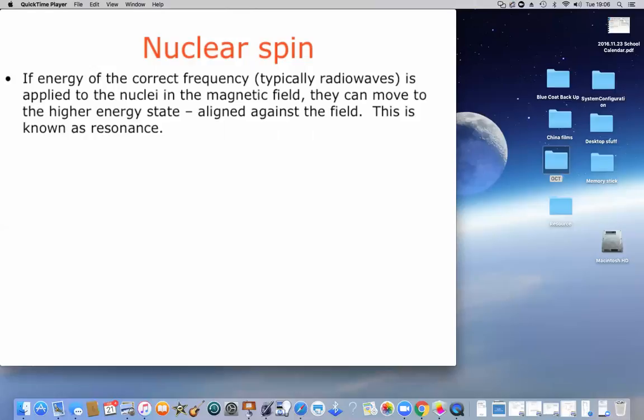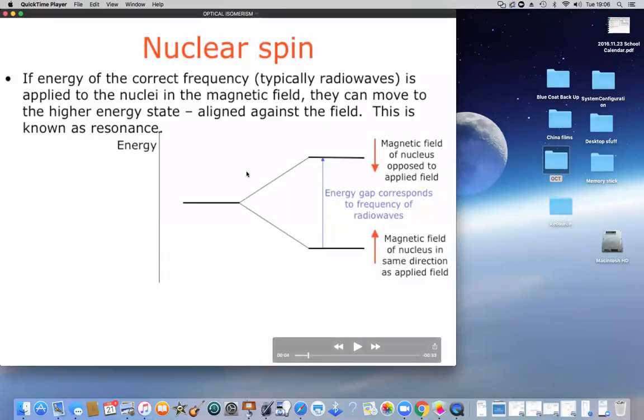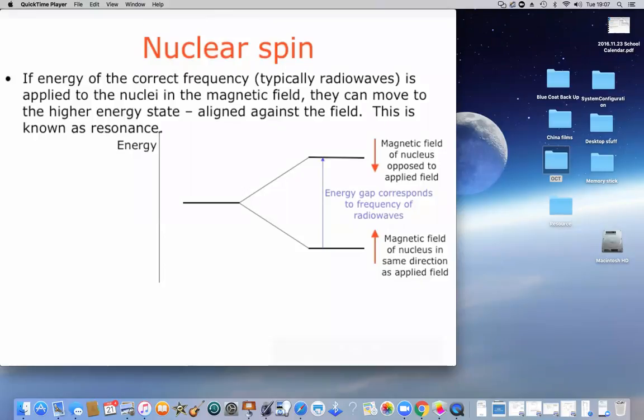That's where the resonance in nuclear magnetic resonance NMR comes from. So you can think of it like this. These two bars here represent the low energy and high energy possible orientations of the nuclei. The gap between the two corresponds to a particular frequency of radio waves.